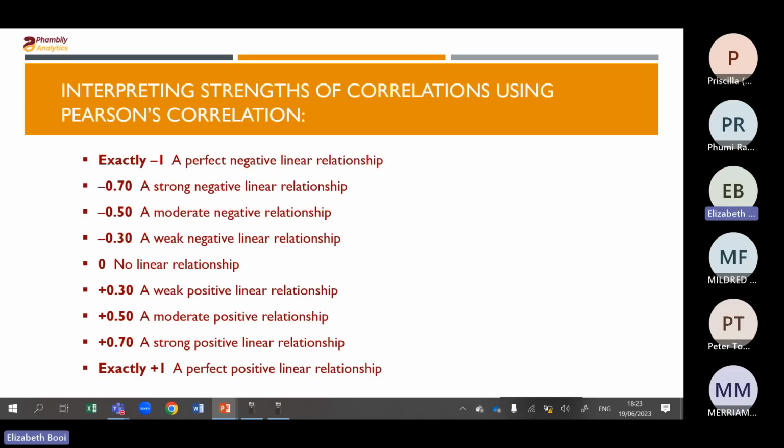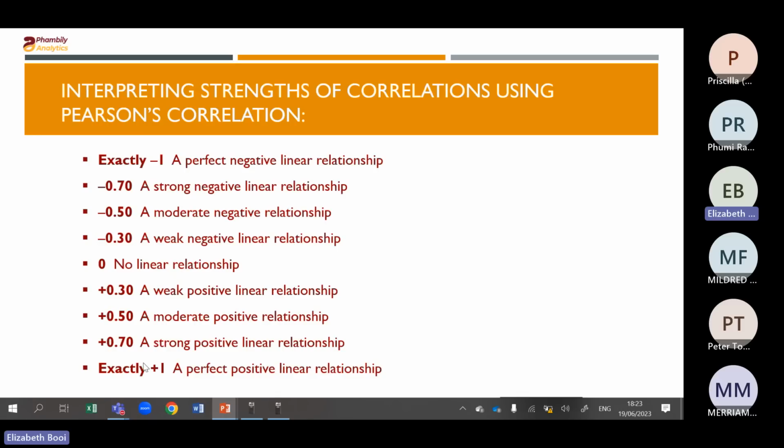Sometimes when interpreting, because of 0 and 1 and all that, you need to know the strength of that relationship. This is just the range that you can use. If the value is exactly -1, we say it is a perfect negative linear relationship.